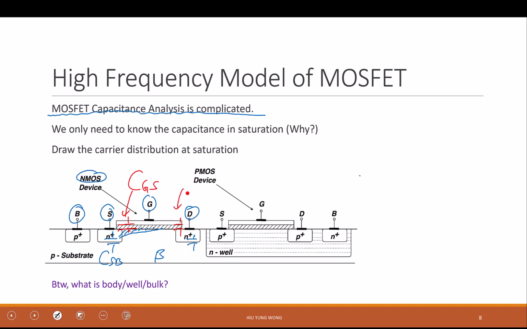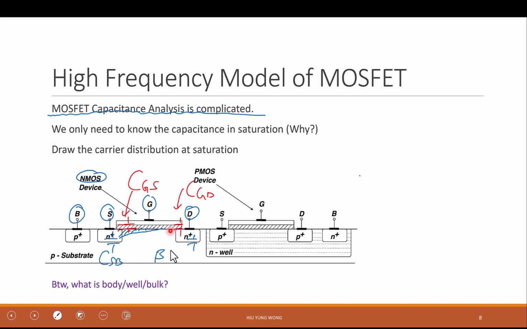CGD. Do you think CGD is small or large? It should be small, right? Because I only have this overlap. Correct, because here it is disconnected.